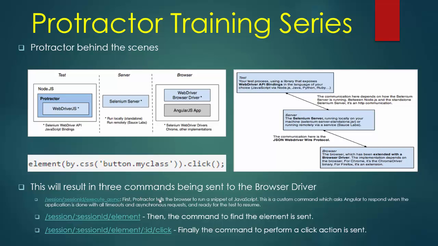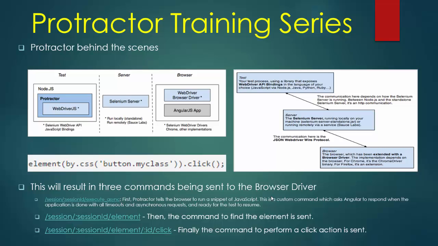Here, if you see this, this is a command that gets executed, that is execute_async. This is the one that tells the browser to run a snippet of JavaScript. Before this element is fetched and then clicked, there is one command that will get executed, that is the asynchronous command.